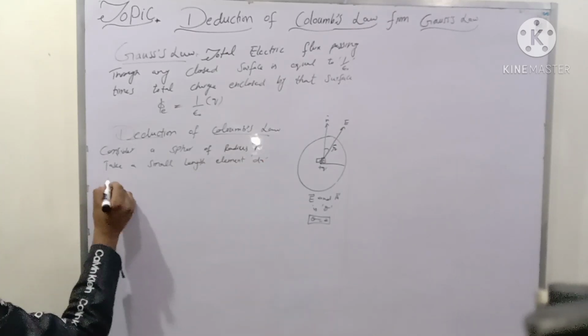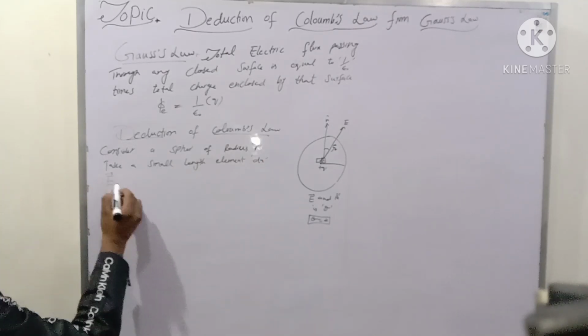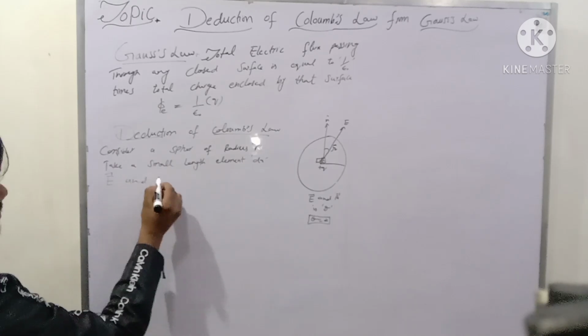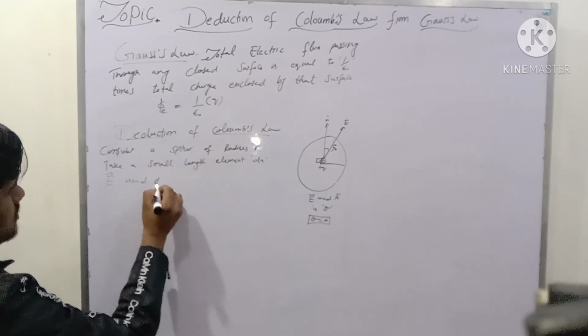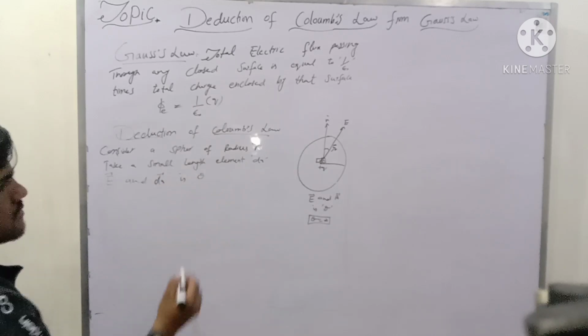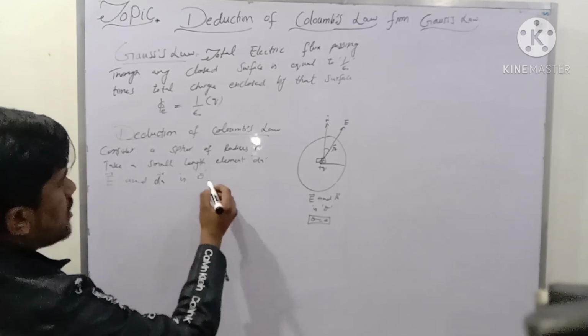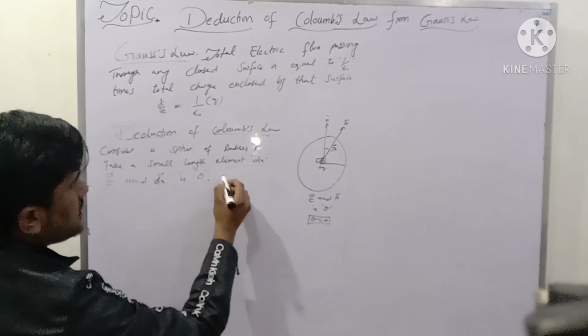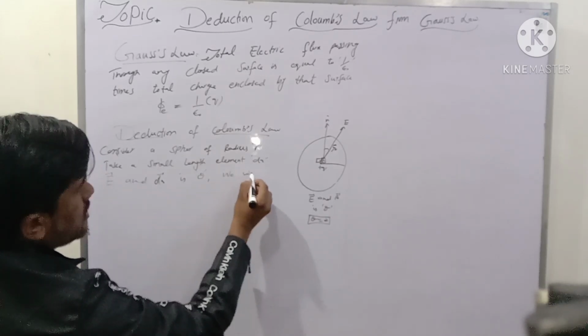The angle between electric field lines E and area vector dA is theta. We want to calculate the electric field intensity E.